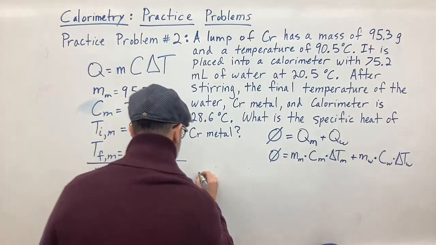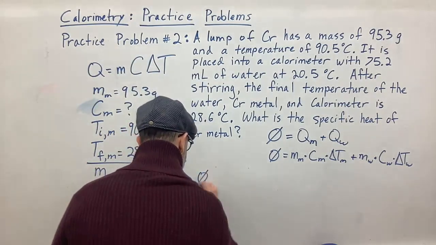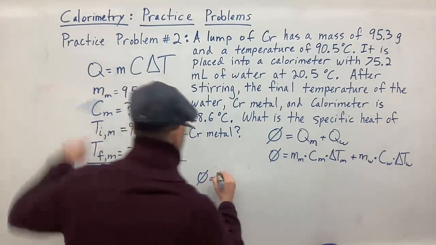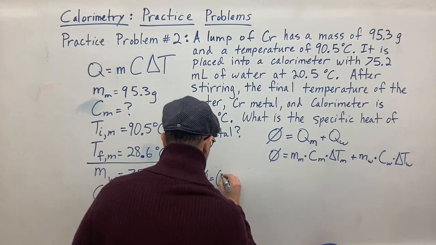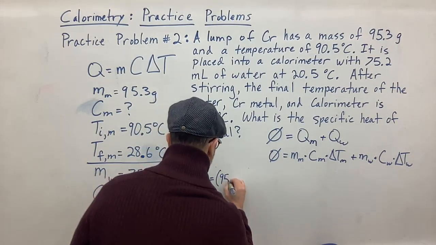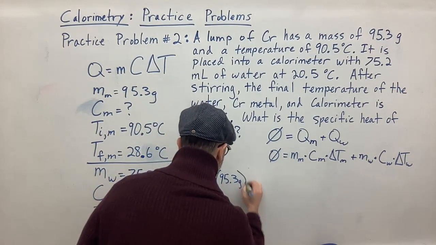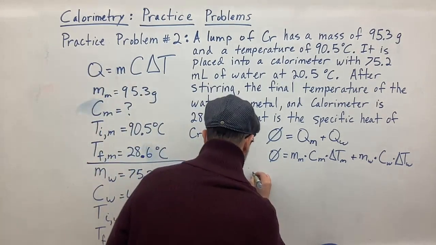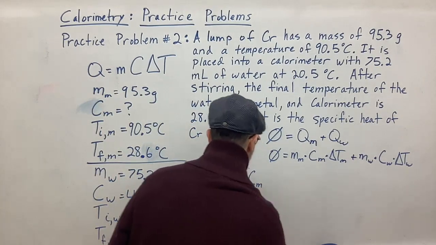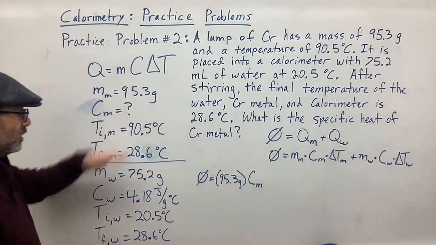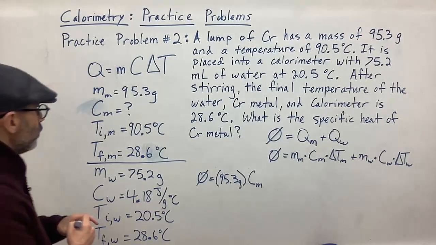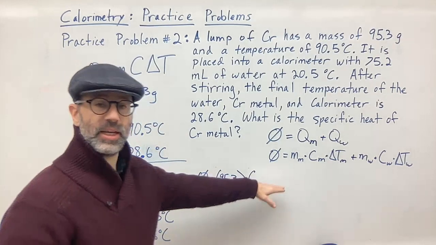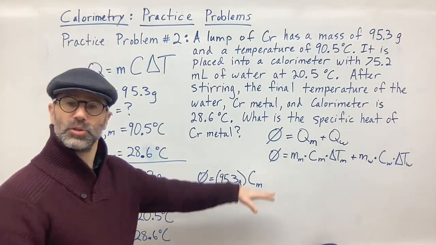So I'm going to start over here to give myself some space. Okay, so the mass of the metal is going to be 95.3 grams. And then we have our specific heat of the metal, which we don't know. And then our change in temperature. You can calculate the change in temperature here, or just plug it in, final minus initial, and then do it later.